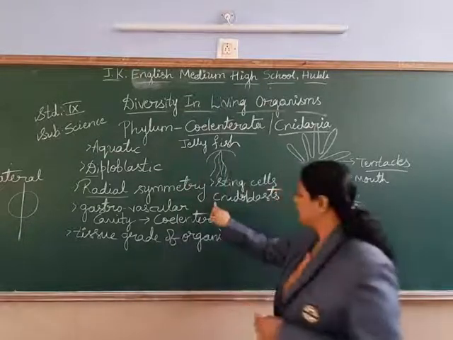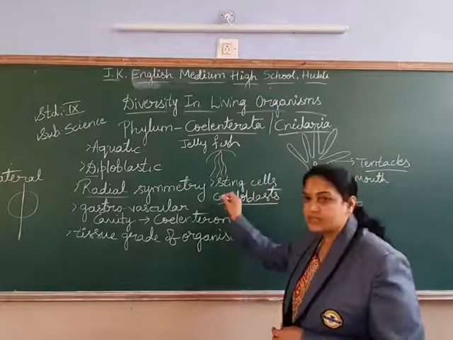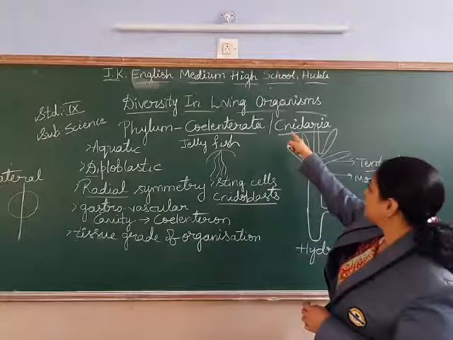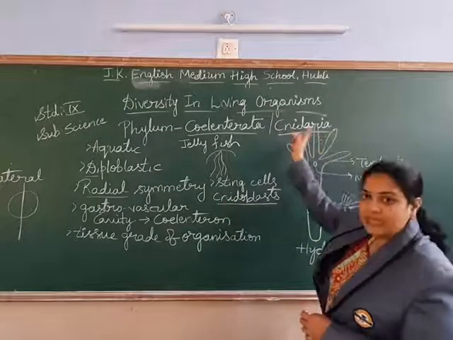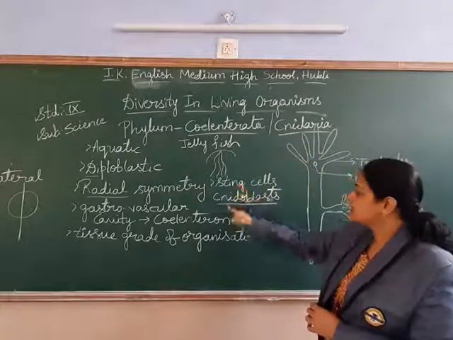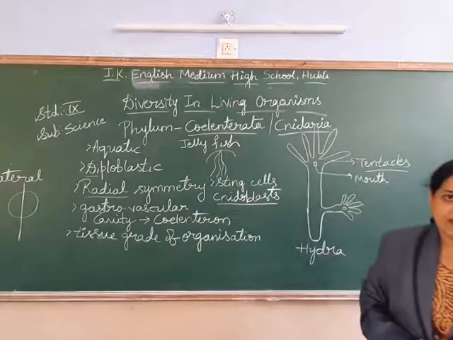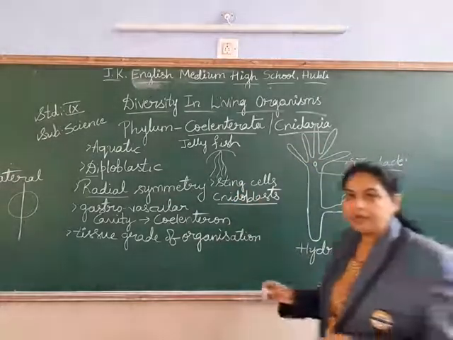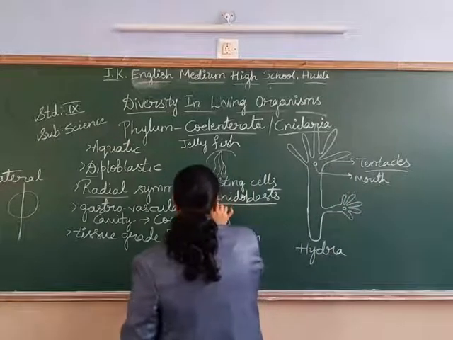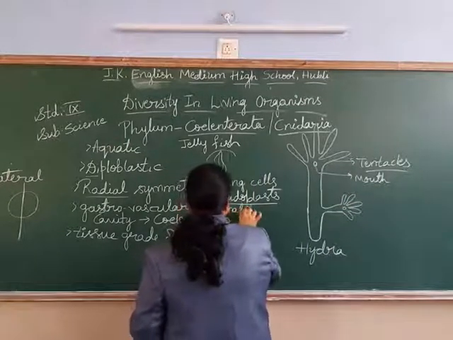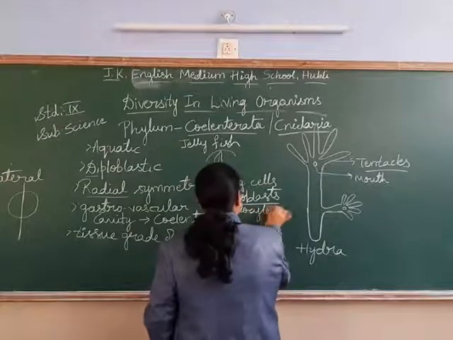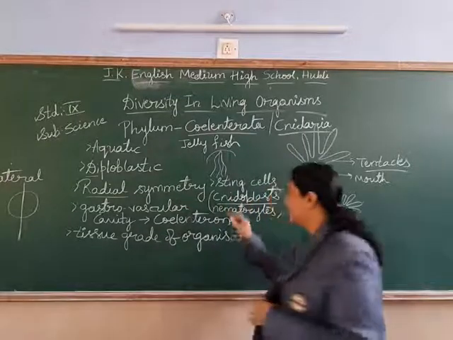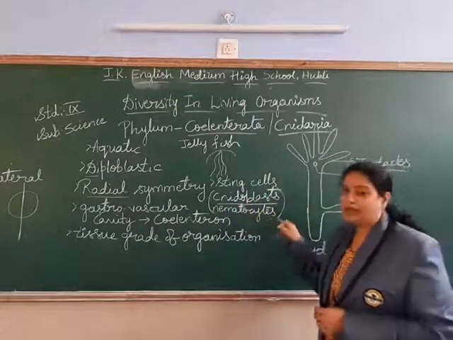See, students, the spelling is cnidoblast, but it starts with C, like the phylum name itself, Cnidaria, with C and I. So the sting cells are called cnidoblasts, or you can call them nematocytes. Both are the same, students, either cnidoblasts or nematocytes.